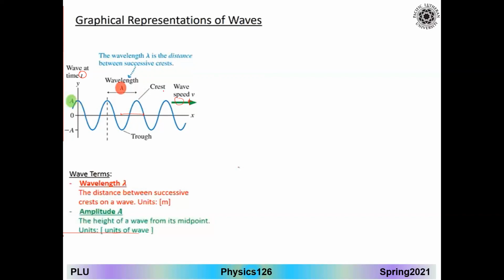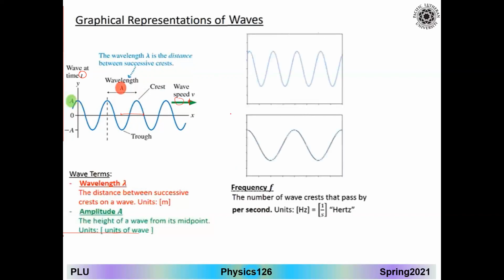The third one we're going to talk about is the frequency. The frequency is the number of waves, the crests, that pass per second. Generally speaking, if we're talking about the time domain, we call this the period time.